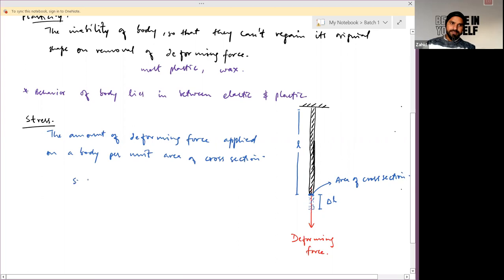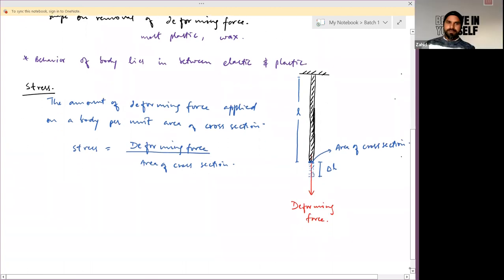So stress equals deforming force divided by area of cross section. Hiba, is it clear? Yes, sir.